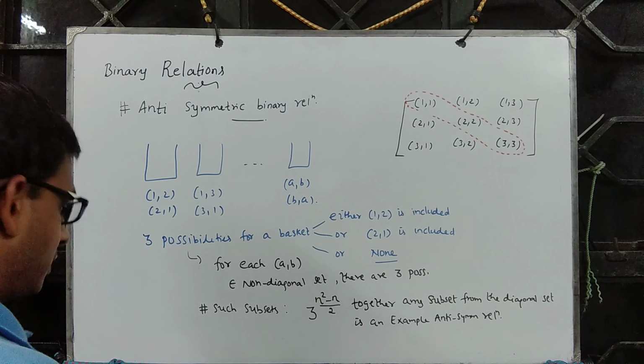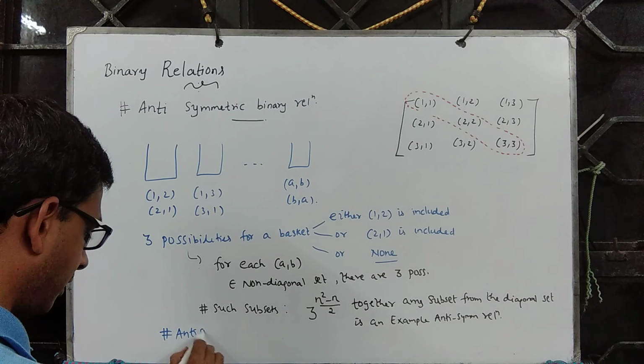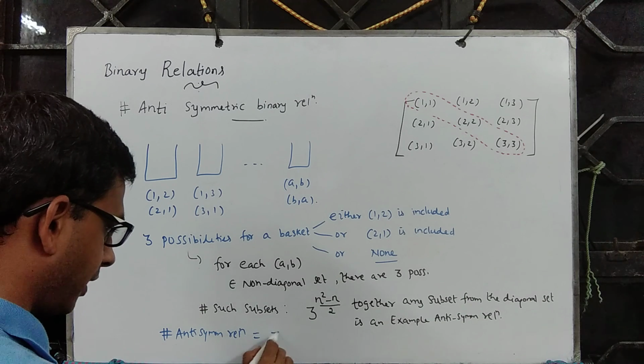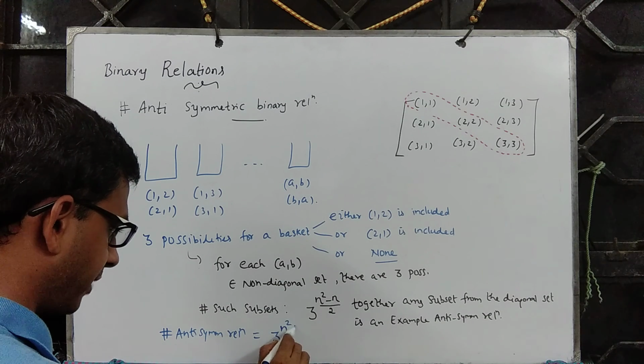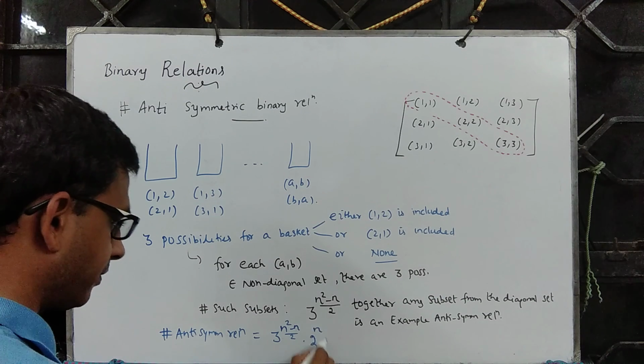So the number of antisymmetric relations is precisely 3 power (n² − n)/2 times 2 power n.